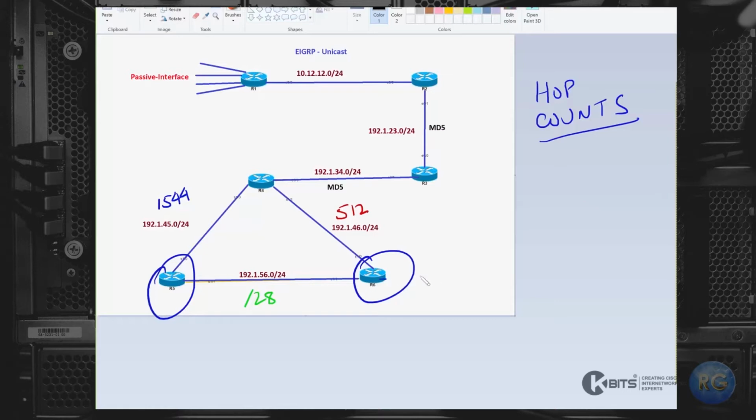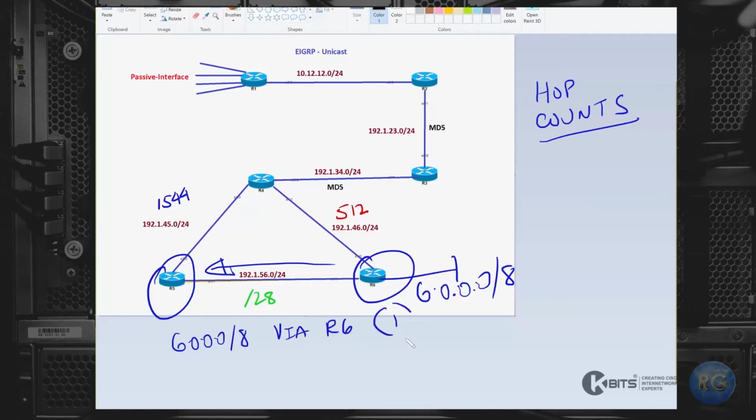So if I wanted to get to 6, it would have gotten 6 sent to him from R6 directly, and this would be a hop count of 1.